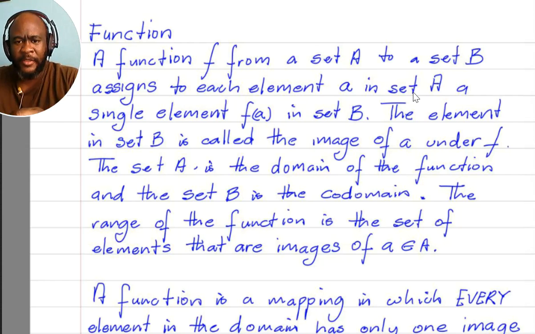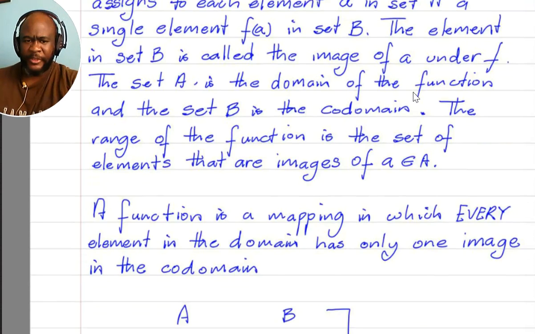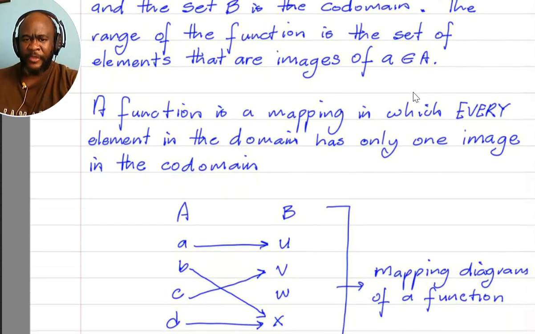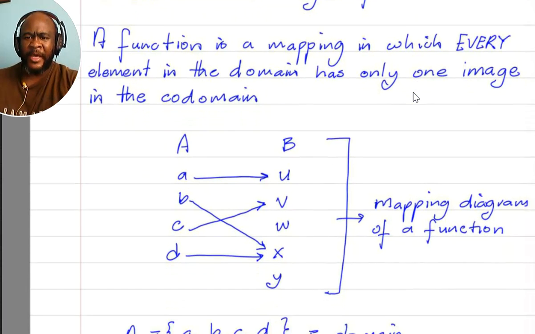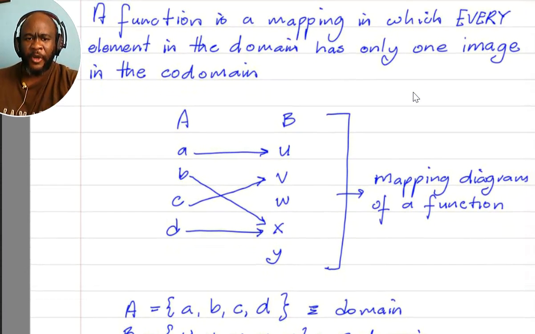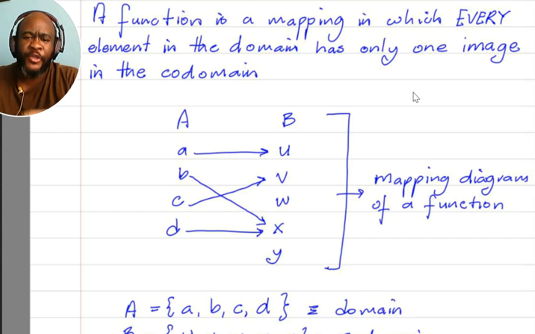All right. Simply put, a function is a mapping or a relation in which every element in the domain has only one image in the codomain. So the diagram below, where the elements of A are a, b, c, and d, and the elements of B are u, v, w, x, and y, is an example of a function.